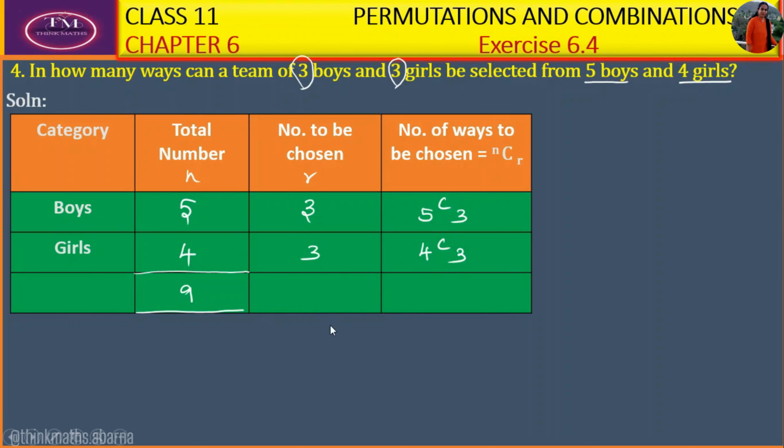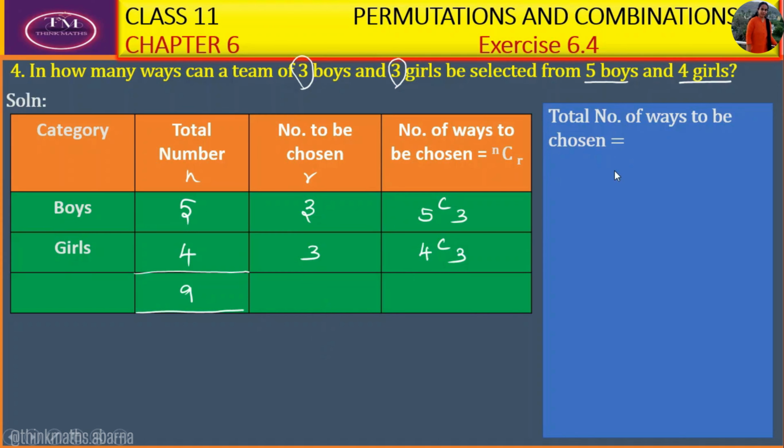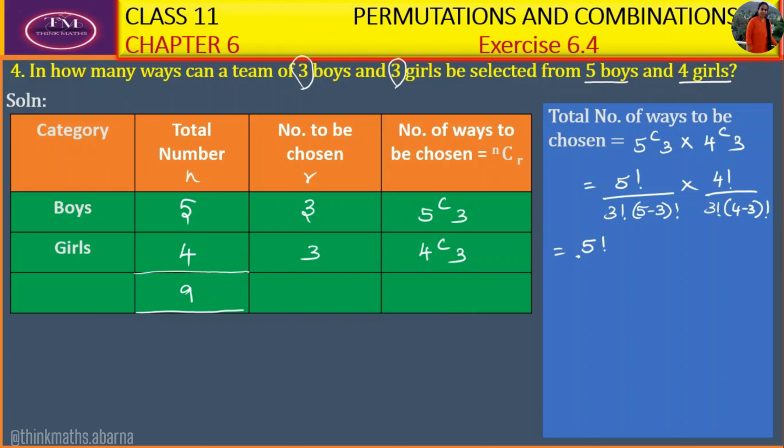So what will be the total number of ways? Total number of ways to be chosen is you have to multiply both of these. 5C3 into 4C3. What is 5C3? 5 factorial divided by 3 factorial into 5 minus 3 factorial, into 4 factorial divided by 3 factorial into 4 minus 3 factorial, which is equal to 5 factorial divided by 3 factorial, 5 minus 3 is 2 factorial.